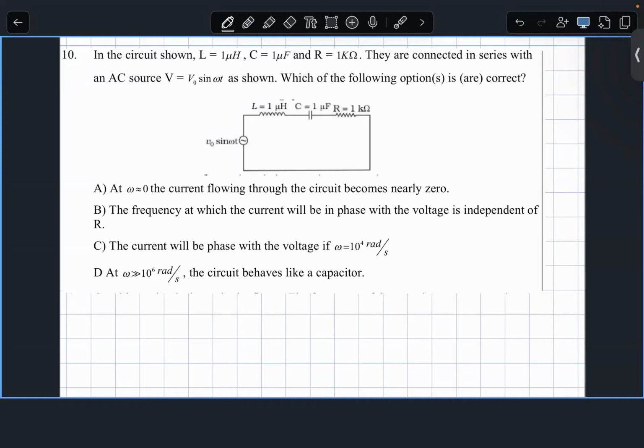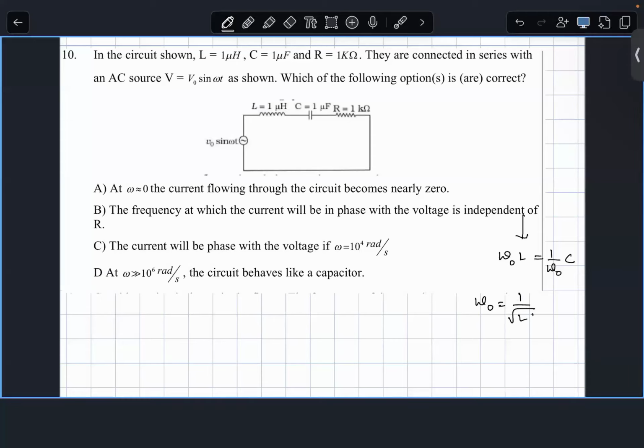The frequency at which the current will be in phase with the voltage is independent of R, correct? The condition required for this is omega naught L is equal to 1 by omega naught C. The current will be in phase with the voltage if omega naught is equal to 1 by root LC.